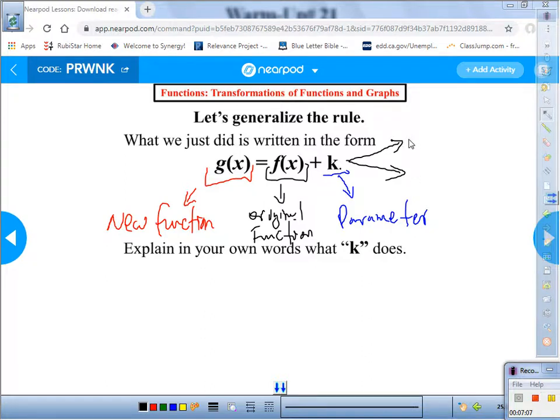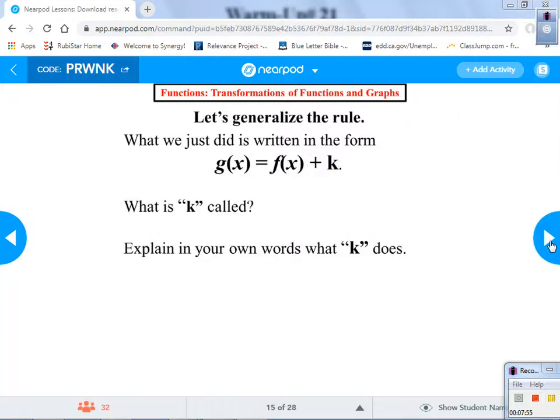So how does it transform? Josh, help him out. Very good. If you have a positive number, it moves the function which way? Up. And if it's a negative number, it moves the function which way? Down, whichever number of steps it indicates. Okay? Pretty simple?